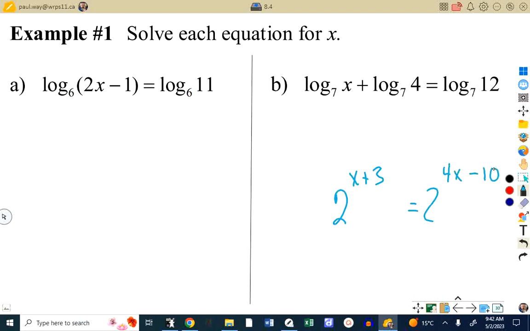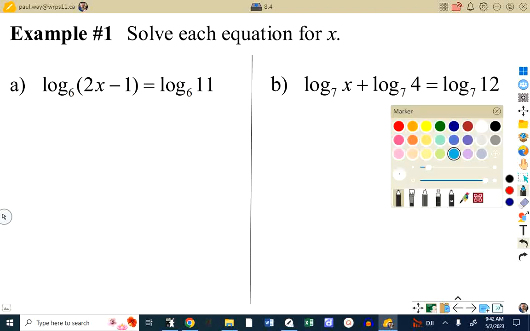And we all of a sudden made the leap and said x plus 3 has to equal 4x minus 10. There's a reason for that, and that's that if the two powers are equal and the bases are equal, the exponents have to be equal. These two logarithms are equal, and they're the same base logarithms, so the arguments must be equal.